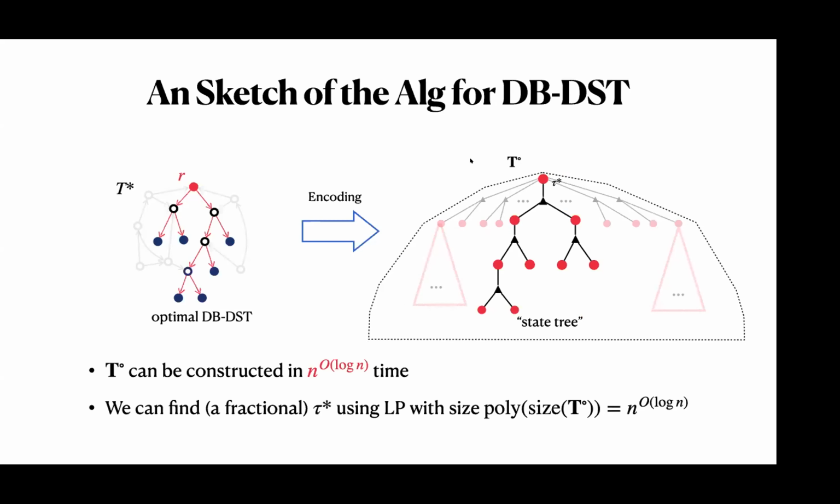This T-circle can be constructed in quasi-polynomial time. Then we just encode this tree using an LP of the same size as the tree T-circle. After we solve for the fractional solution, we can use some standard rounding procedure to get a state tree for the original optimal solution.